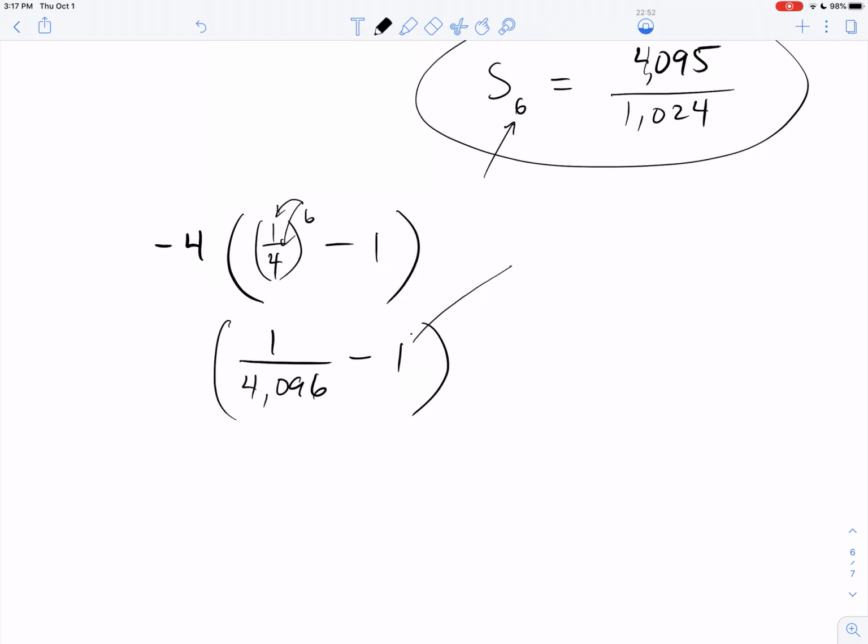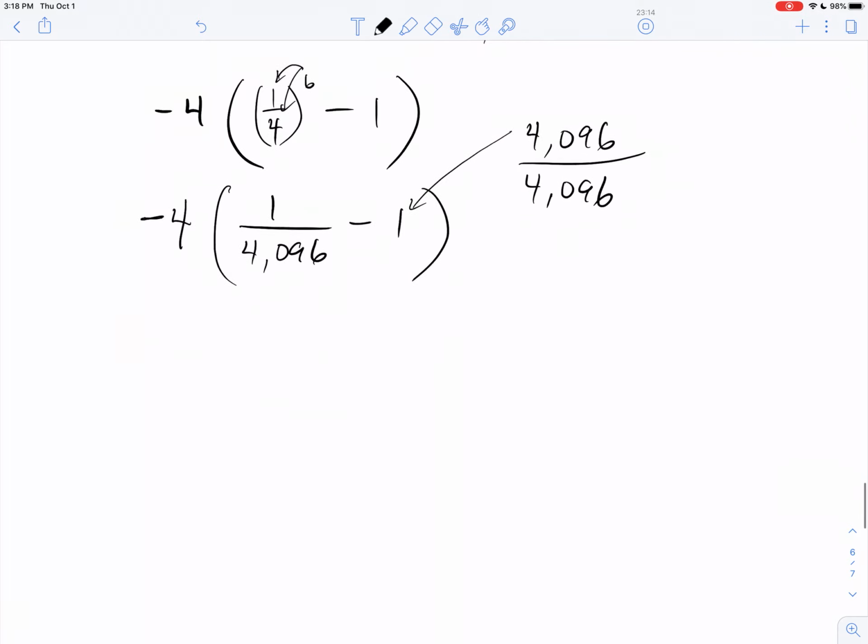Well, let's use the trick they showed us all the way back in the 4th grade. You can write this number like this. 4,096 divided by itself, that's the same as 1. But what does that allow me to do? It allows me to subtract now. I can say inside the parentheses, not outside, I didn't do anything with this negative 4 yet, but inside those parentheses, I have 1 over 4,096 minus 4,096 over 4,096.